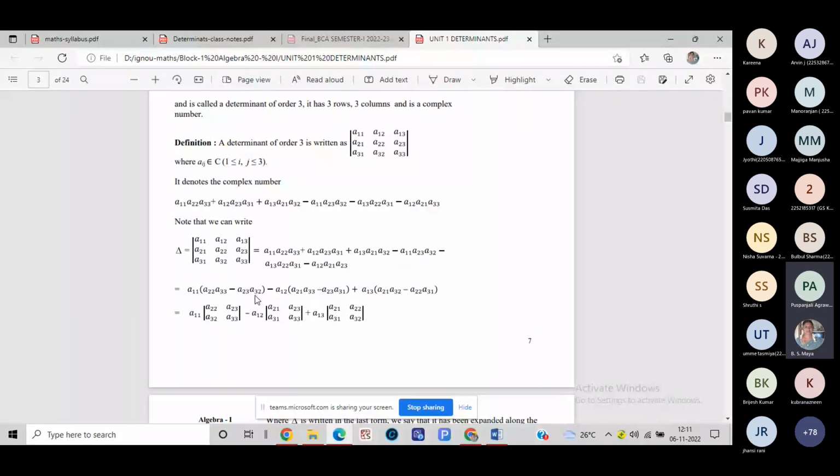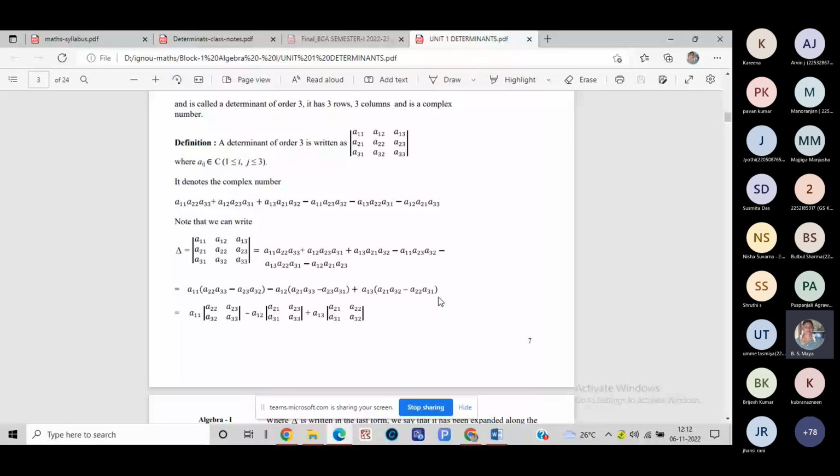You keep constant term A12 as it is: A21 A33 minus A23 A31. Plus, next you keep A13 as it is: A21 A32 minus A22 A31. Clear? Yes, ma'am. Now what is the next step?